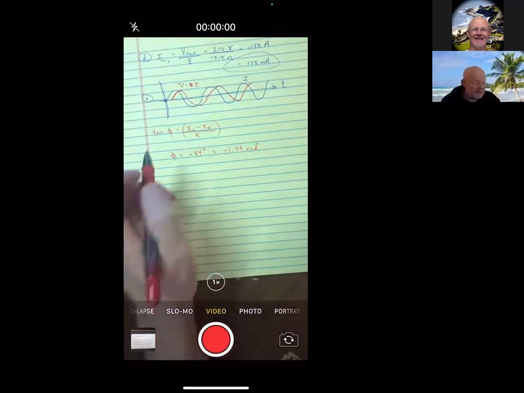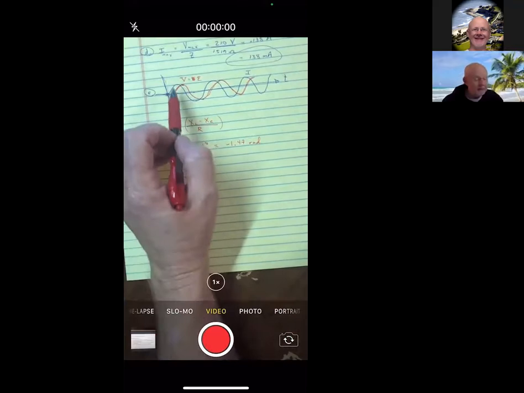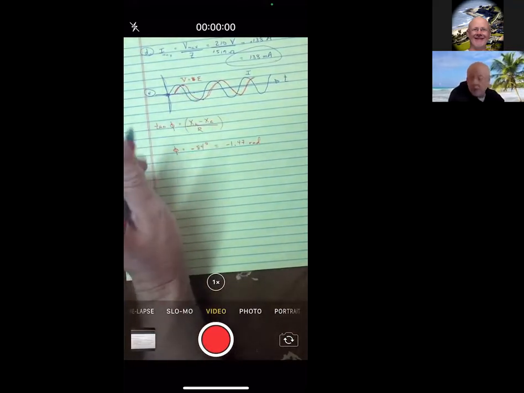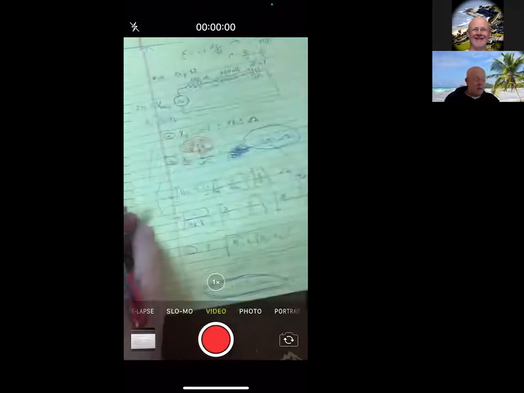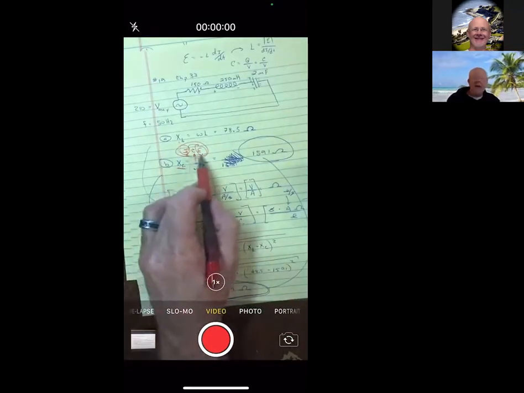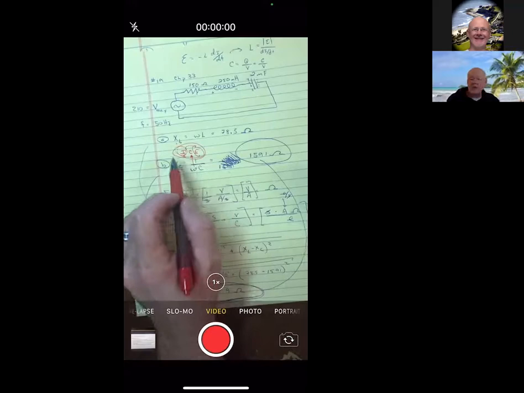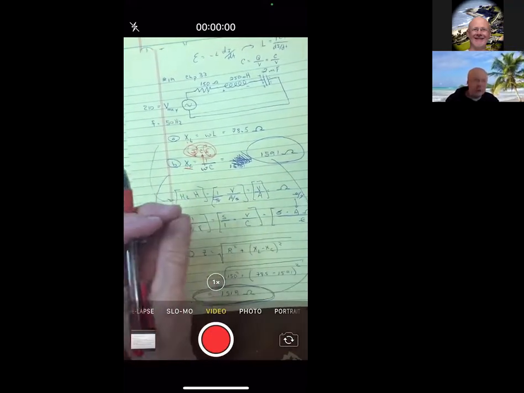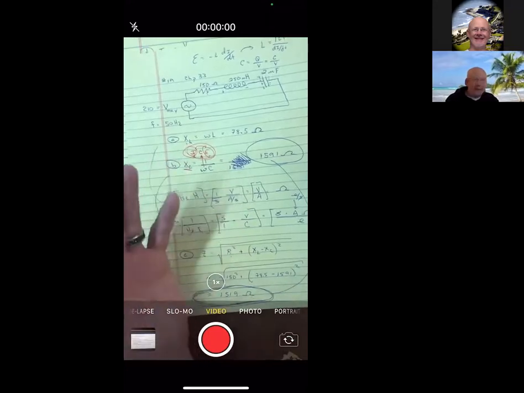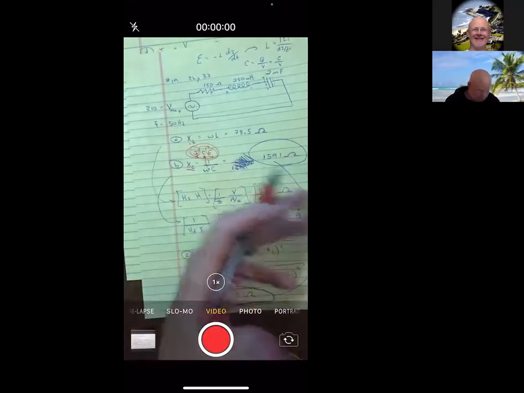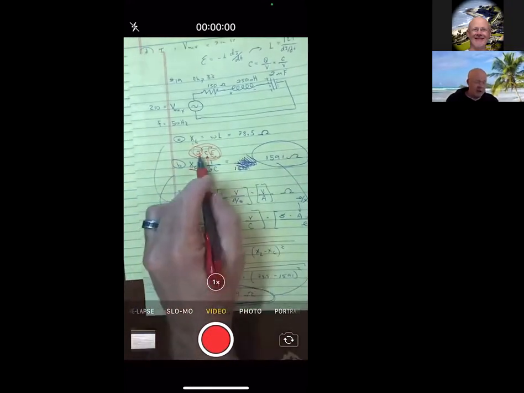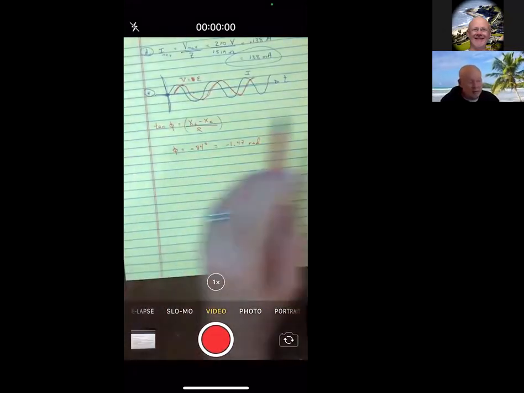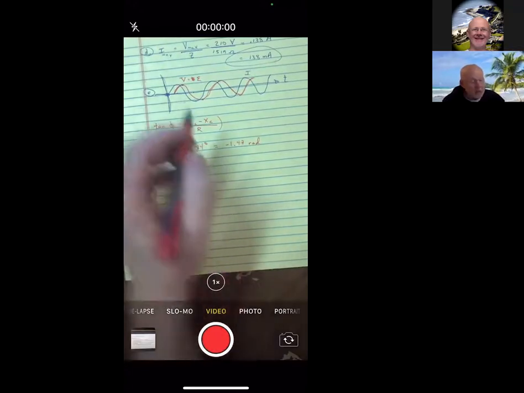Now, the negative is telling me that the voltage is behind the current. It's telling me the whole capacitor effect, the whole ICE effect, the fact that you have to have current first before you get a lake. So to make a lake, you've got to flow in first. You've got to have current before you get voltage. So current is before.